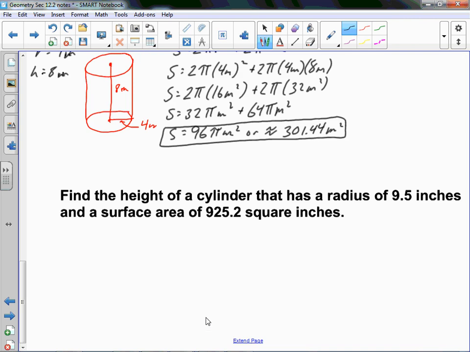All right, so the last one here, find the height of a cylinder that has a radius of 9.5 inches and surface area of 925.2 square inches. So in this example, we're going to use pi as 3.14. So we know the surface area, 925.2, and the radius, 9.5.